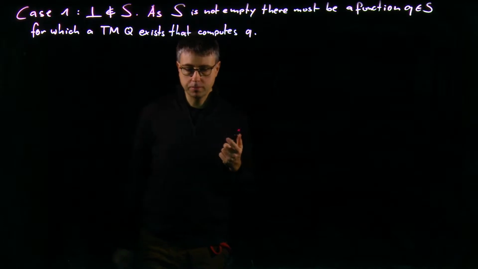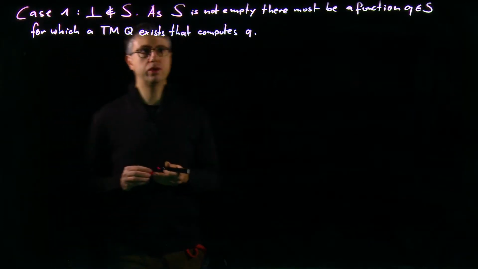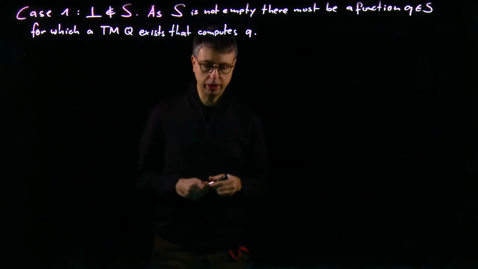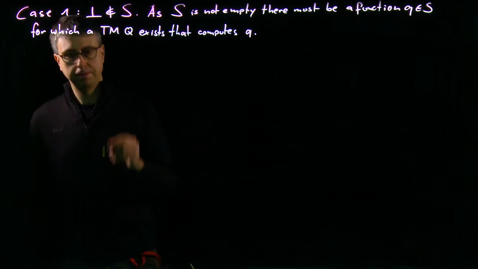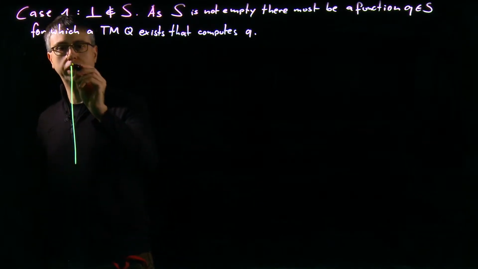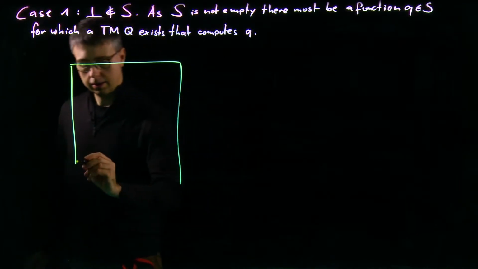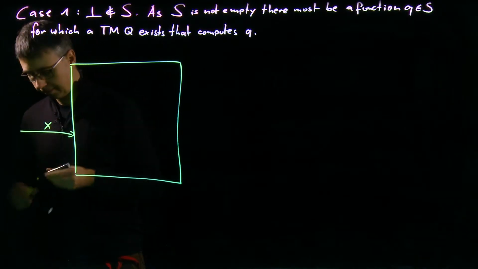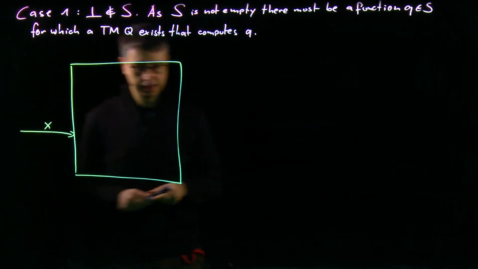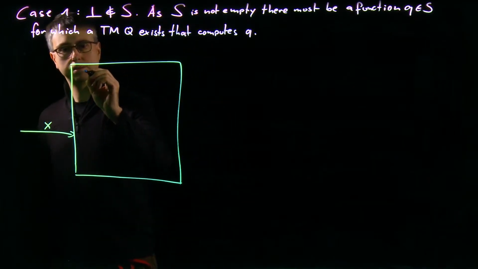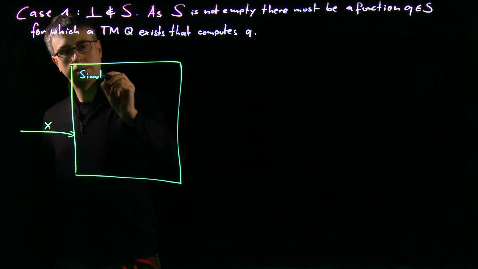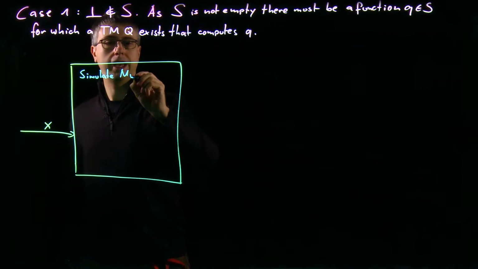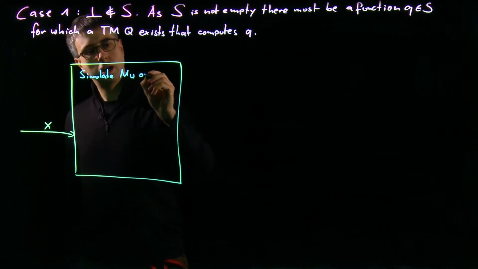Okay, now what we do is we construct a new Turing machine. We have this Turing machine Q here, and we'll use it to construct a new Turing machine. This new Turing machine receives an input x, and the first thing it does is simulate some Turing machine, M_W, on the empty tape.